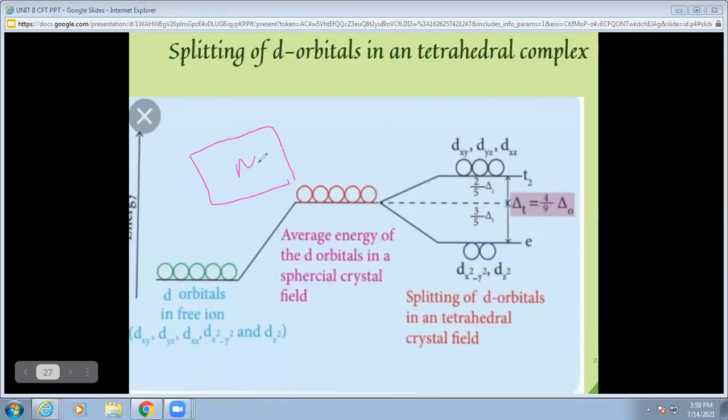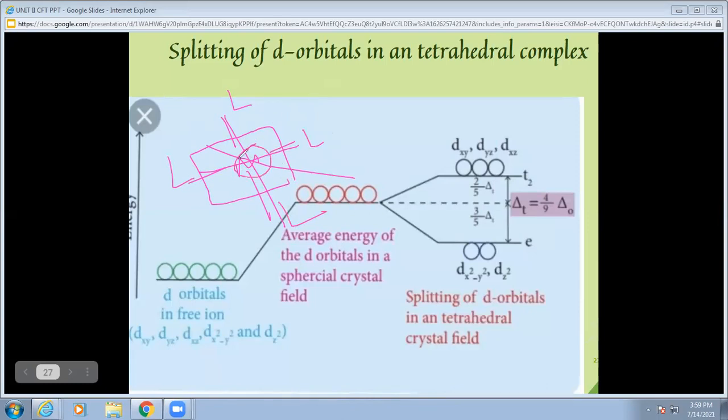Here is the metal, and the ligands approach in between the axes, x, y, like that. This is ligand, this is ligand, this is ligand, this is ligand. Four ligands approach the metal.